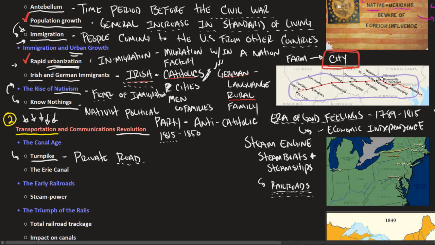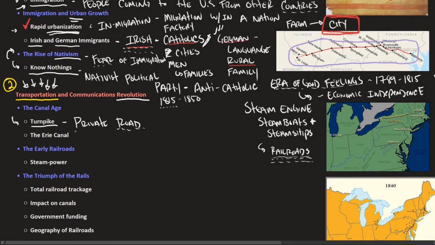And so there are private roads, turnpikes, state governments that are building roads. And the idea is to try to create an infrastructure that allows Americans to trade with each other, not just trade with Europeans. But then comes the invention of the steam engine.